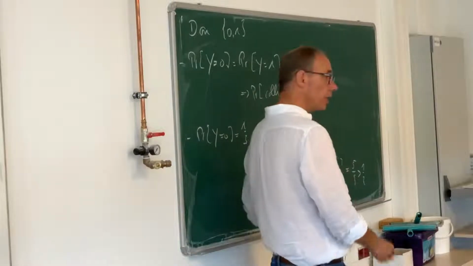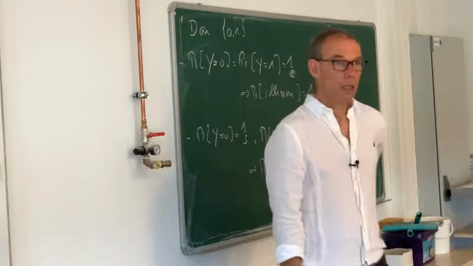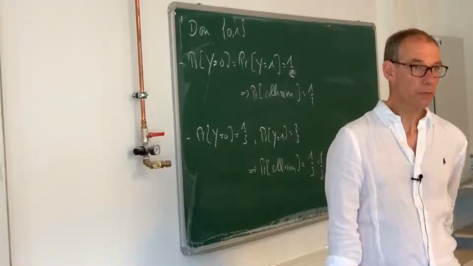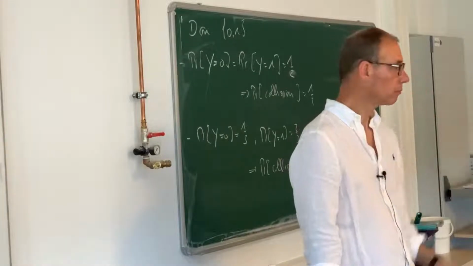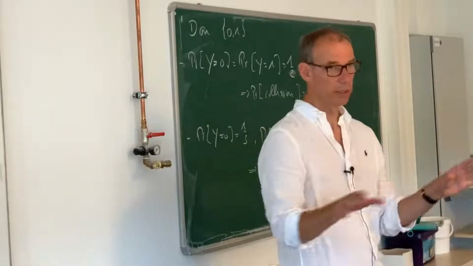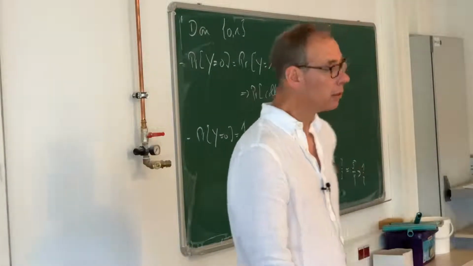So finding a collision here is easier. So spreading out things evenly makes it harder to find a collision.